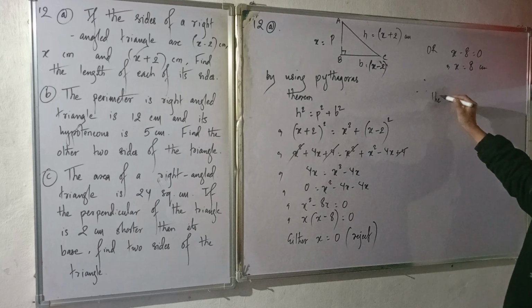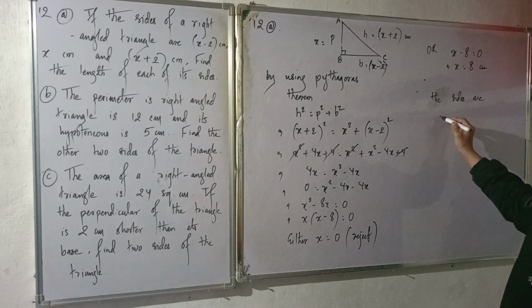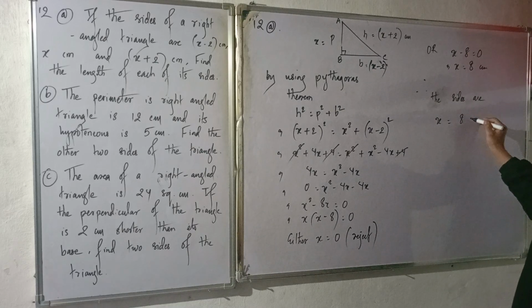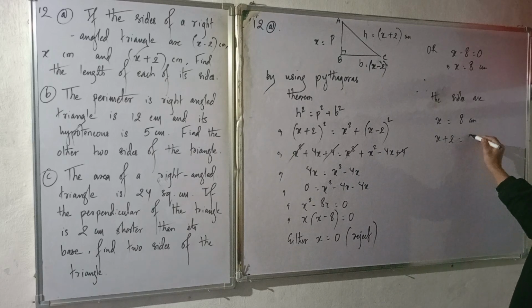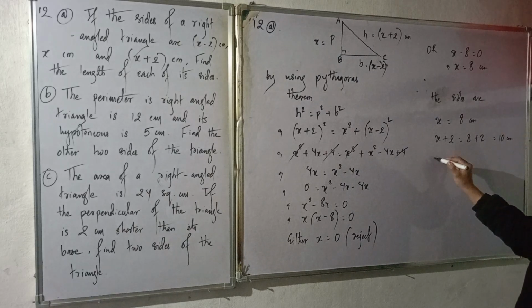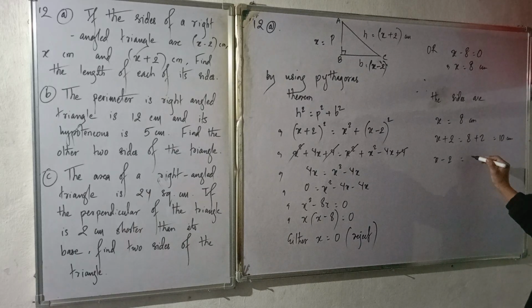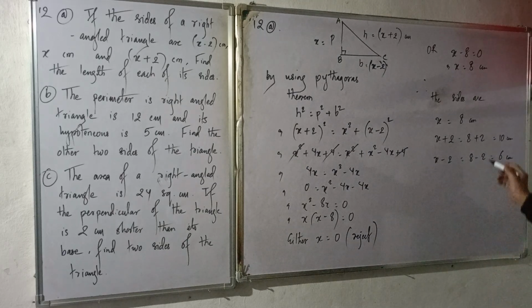Therefore the sides are: one is x, 8 centimeter, one is x plus 2, which is 8 plus 2, 10 centimeter, and another is x minus 2, that is 8 minus 2, 6 centimeter. Okay, these are the answers.